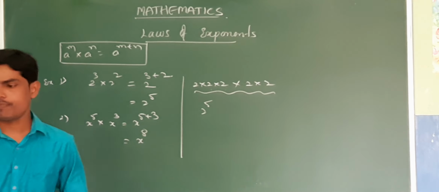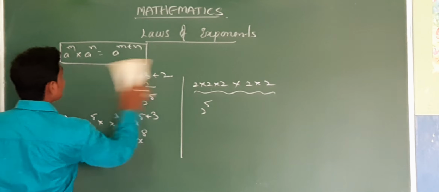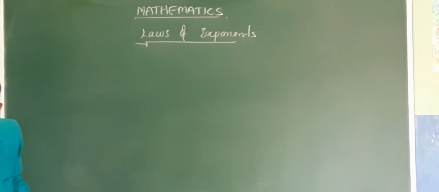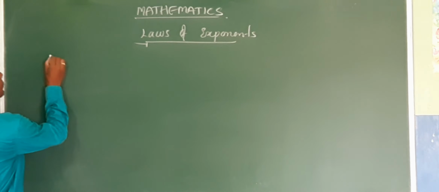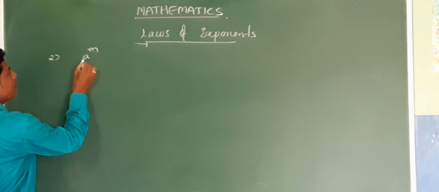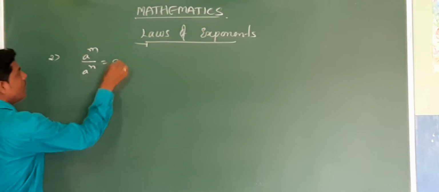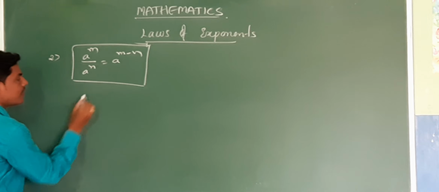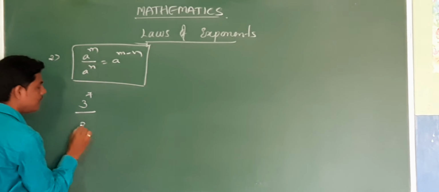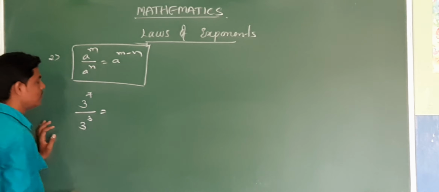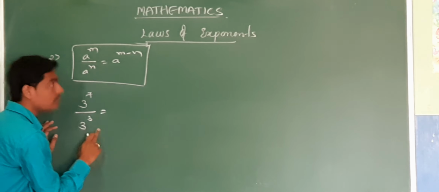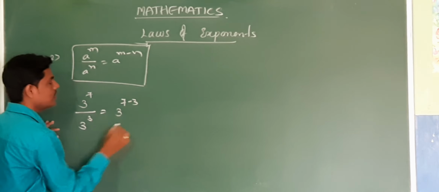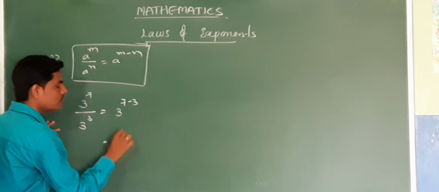Now, second formula. a to the power of m divided by a to the power of n is equal to a to the power of m minus n. 3 power 7 divided by 3 to the power of 3 is equal to, bases are the same but powers are different, so apply this one, that is 3 to the power of 7 minus 3 is equal to 3 to the power of 4.